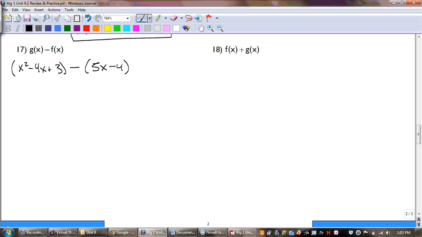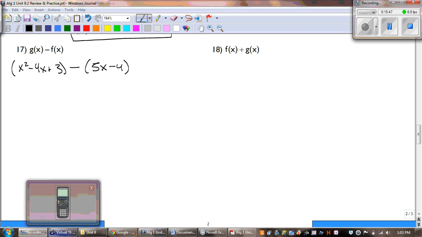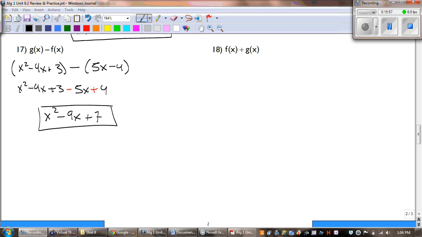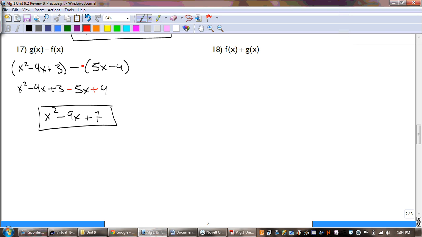Okay, so go ahead and pause the video and do this one all on your own. Okay, remember that you have to distribute that negative, and it's a -1. And so our symbols changed. And then when you combine like terms, you get x squared minus 9x plus 7.